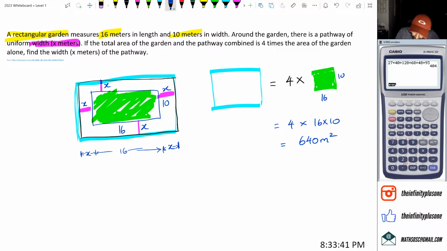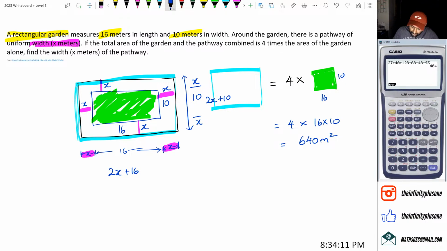So the base of the blue rectangle is going to be x plus 16 plus x. In other words, the base is 2x plus 16. And when you look at the height of this blue rectangle, we've got x, 10, and x. So the height is going to be 2x plus 10.